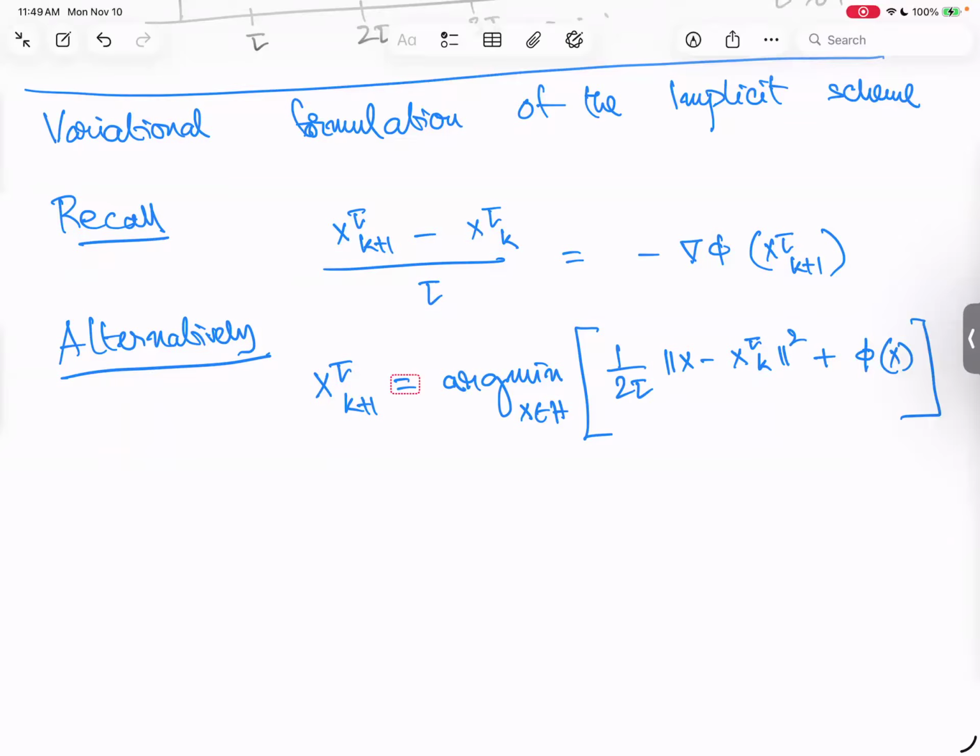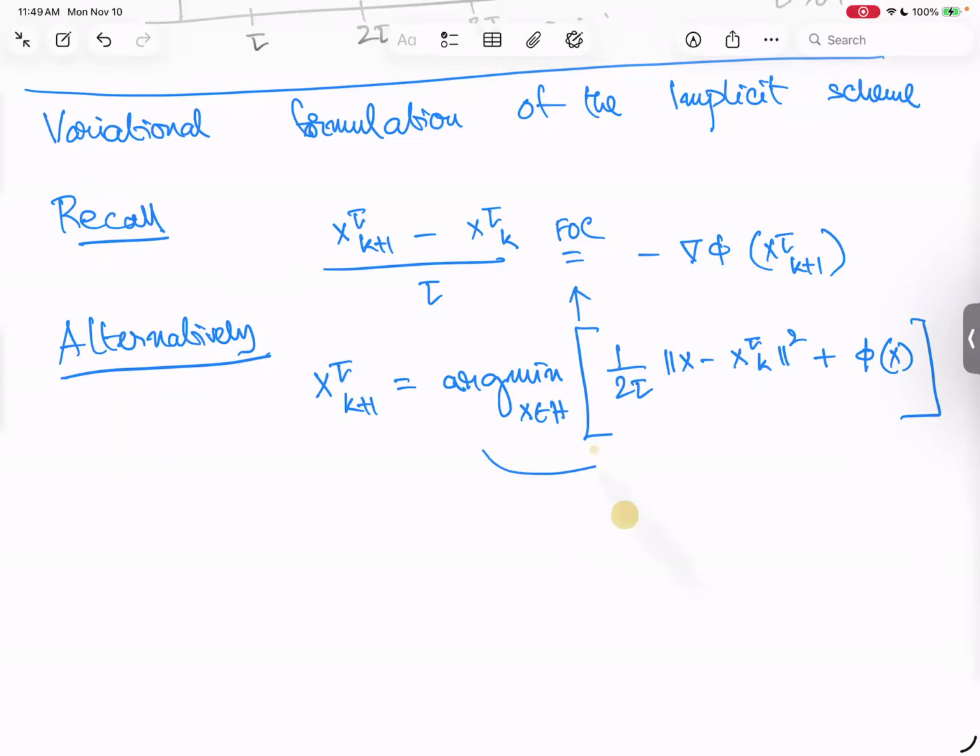I've already explained this last time, why this scheme actually works: if you take the derivative inside and write down the first order condition, then this is the first order condition for this optimization problem. It gives you back the implicit Euler scheme.